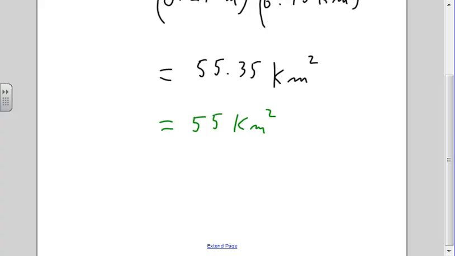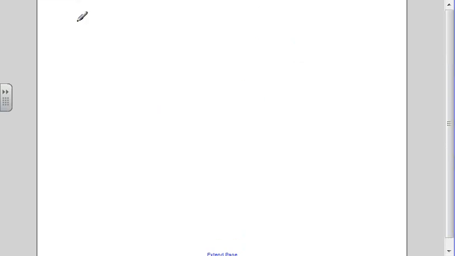Okay, our last problem is number 36. We have 190 grams.